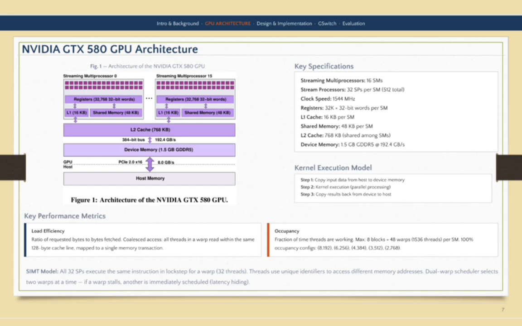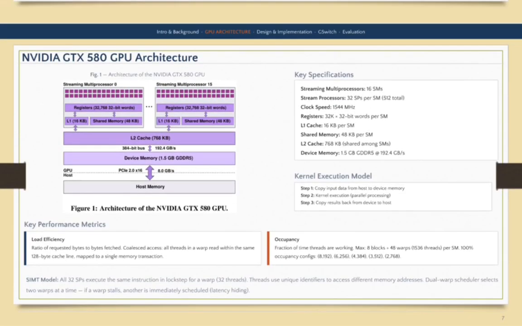The GPU works by transferring data from the CPU, processing it in parallel, and then returning the result. Two key factors for high performance are effective memory access and full utilization of GPU cores, known as occupancy.